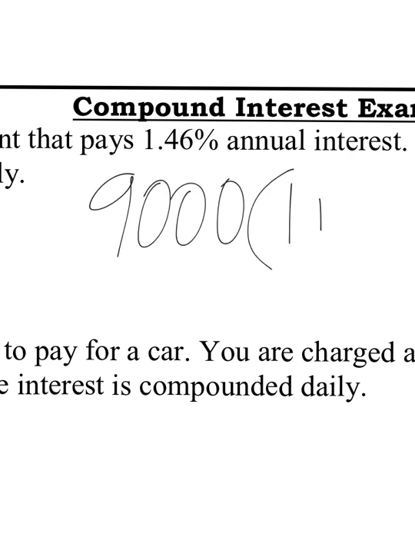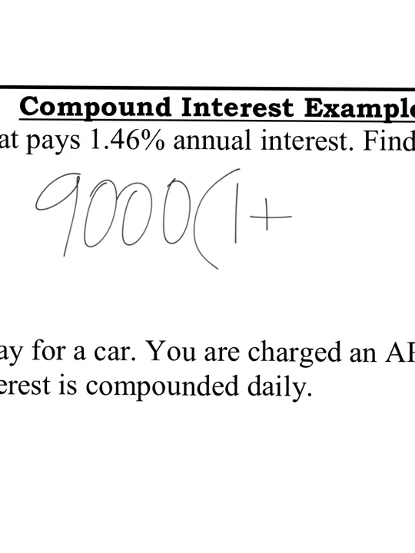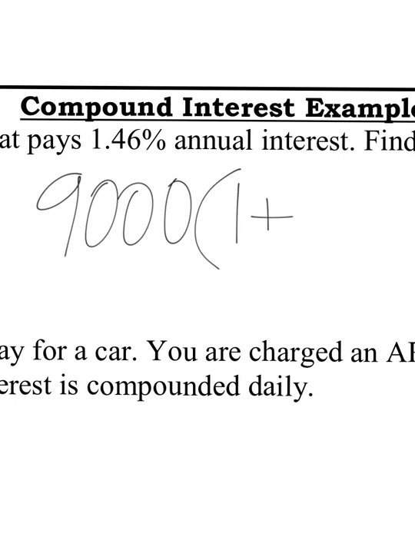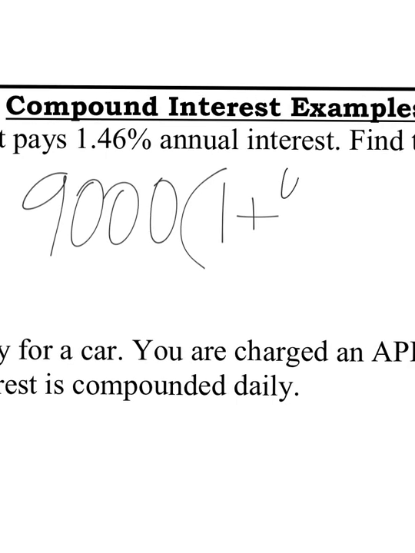And then the 1 plus, that's just from the formula, okay? You're going to move your interest 2 places over to the left, so that's just 0.0146. And then you're going to divide it by the number of compounding periods per year. And it said quarterly, so there's 4 quarters a year.